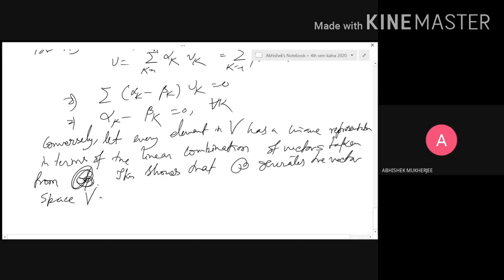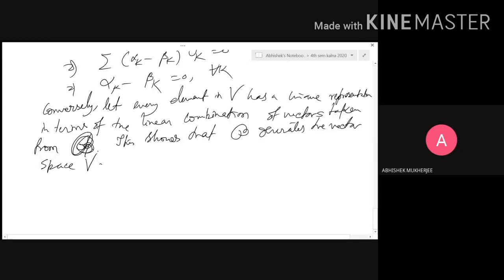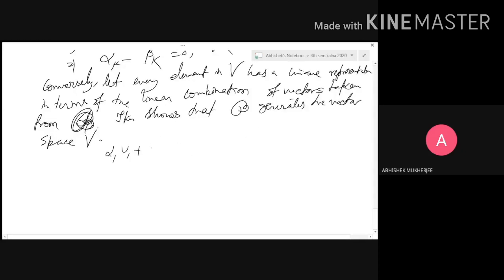Now it remains to show that this set of vectors is linearly independent. Why? Suppose you consider a linear combination alpha 1 v1 plus alpha 2 v2 plus alpha n vn, and this is theta. Then this theta can also be written as 0 v1 plus 0 v2 plus 0 vn.